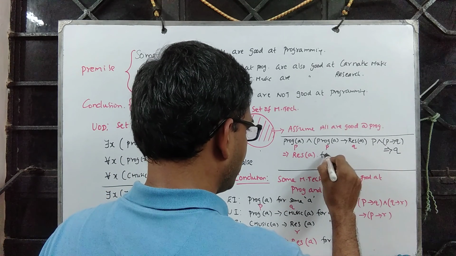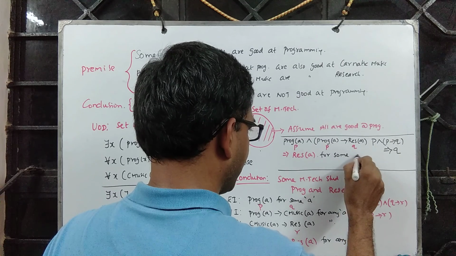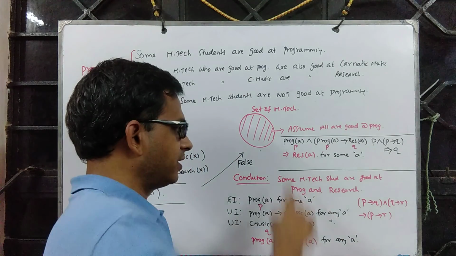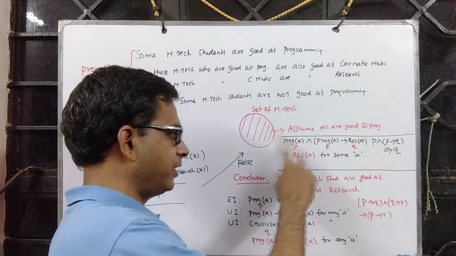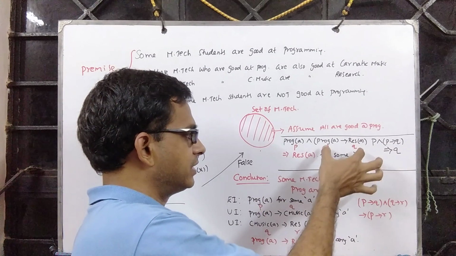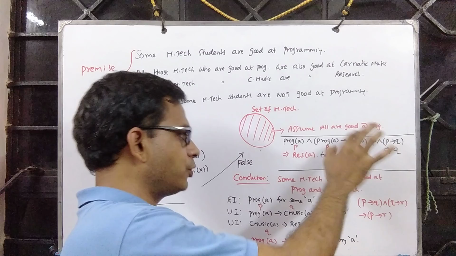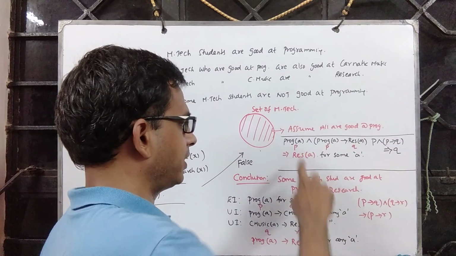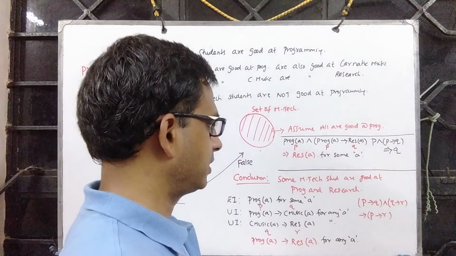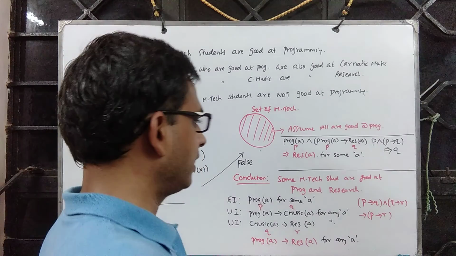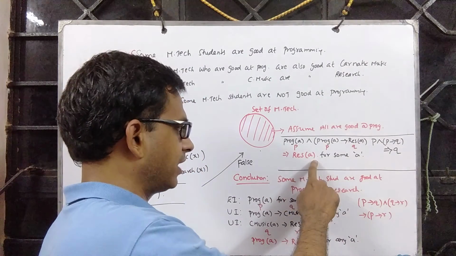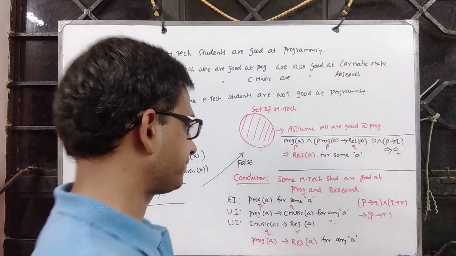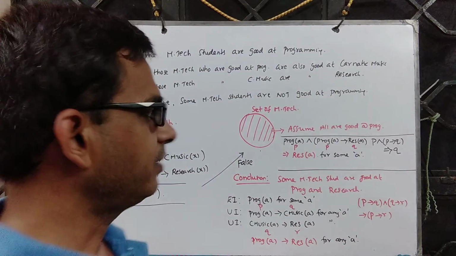So this is true for some A, because I cannot write any A. This is not true for any A. So this is only true for some A. Since this is true for any A, this is also true for some A. Now the scope of this is with respect to some A. Then what we can conclude is research of A for some A. Fine.